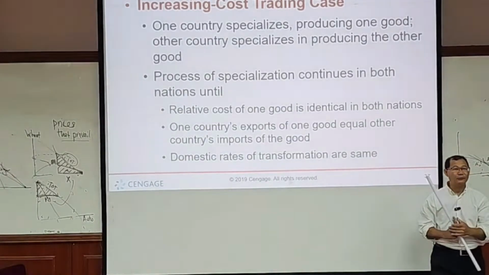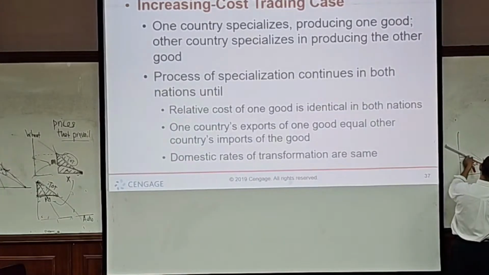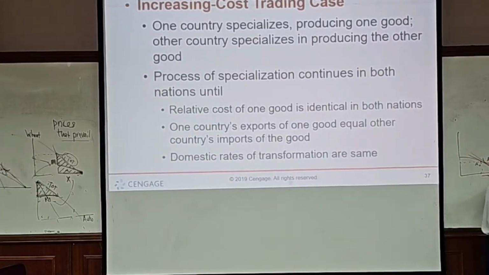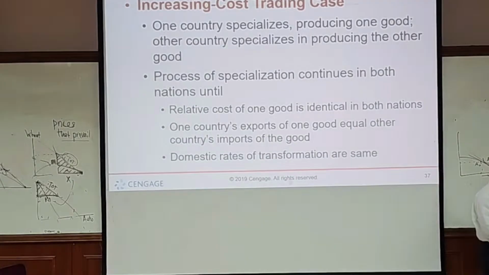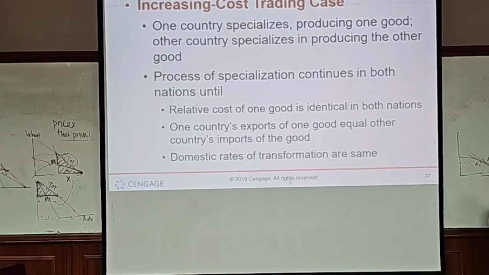What did I do? Here, domestic rates of transformation are becoming the same. Very slopey. International terms of trade, less slopey. Efficient in terms of trade. Which one? The red. Not efficient in X. And now, red, they are the same slope.